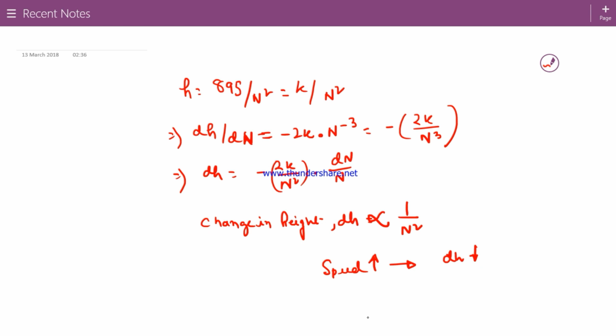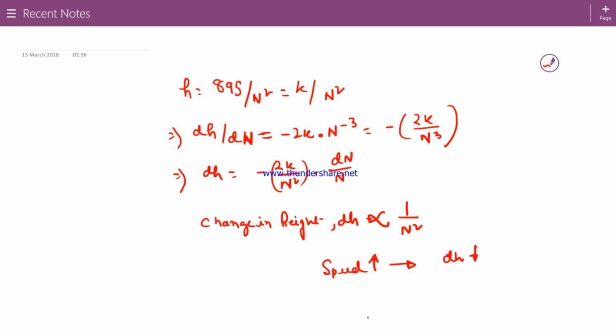Whenever there is an increase in speed, meaning a reduction of load in the engine, and a speed increase in the governor spindle and the entire governor, there should be a considerable change in height of the governor. But even after increasing speed, your dh is not increasing. That means the change of height is not happening, so it is not following the governor principle.